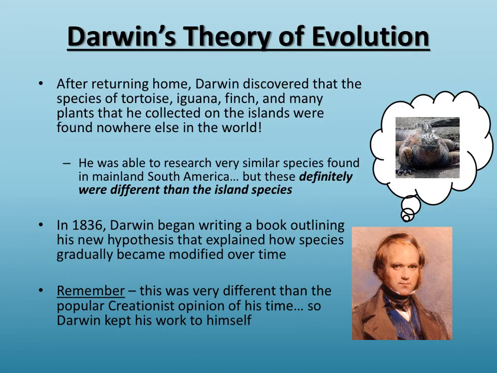Now, the first thing Darwin realized when he got back to England is that he had collected a number of specimens that are found nowhere else in the world. I always forget what the actual statistic is, but Charles Darwin himself is responsible for identifying a ridiculous number of species that we are aware of on our planet.